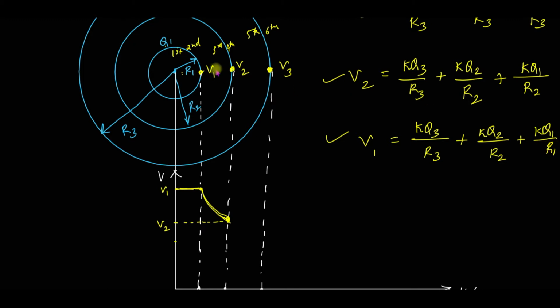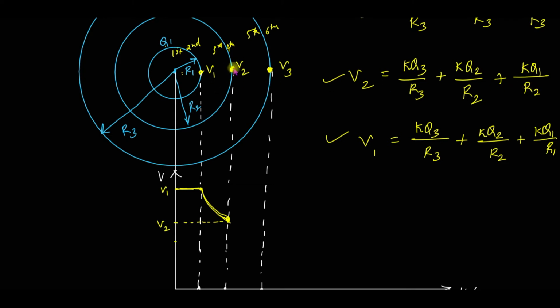It will keep increasing, because your distance from the center of the first sphere is increasing continuously. You are still inside the second and third spheres, so those two terms remain the same, whereas instead of kq1 by r1, it becomes kq1 by small r. Small r will be greater than capital R1 and continuously increasing. Therefore the potential will keep decreasing, and when you come onto the surface of the second sphere, small r becomes equal to r2 and the potential will be V2.